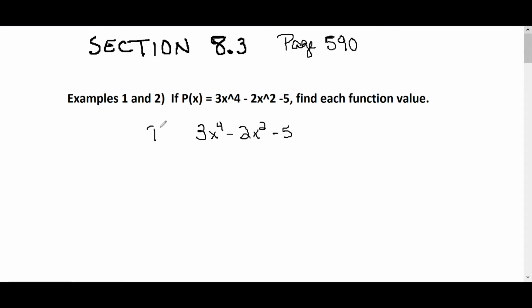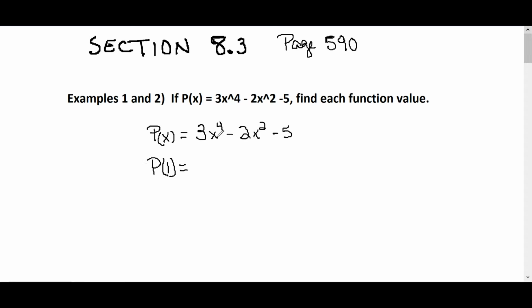Okay, and of course this is the function p of x. And what they want us to do here is to evaluate it at p of 1. So I'll use the function notation, p of 1.